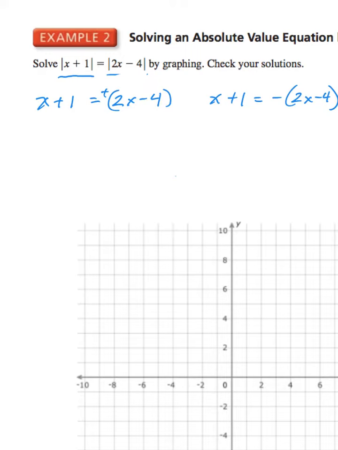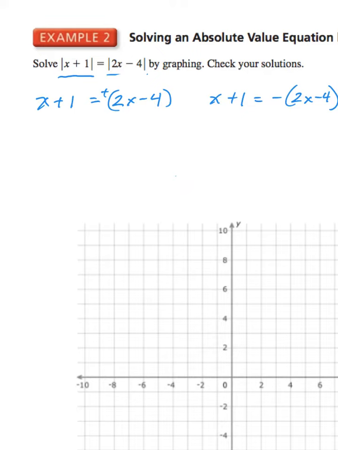So whatever's on the inside, x plus 1, can be either equal to a positive value of the 2x minus 4 on the inside or a negative value. We take it out of the absolute value signs, and we make it either positive or negative.